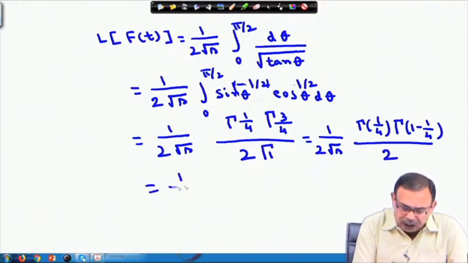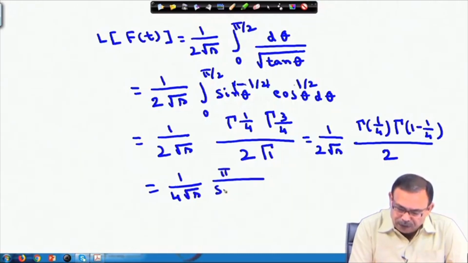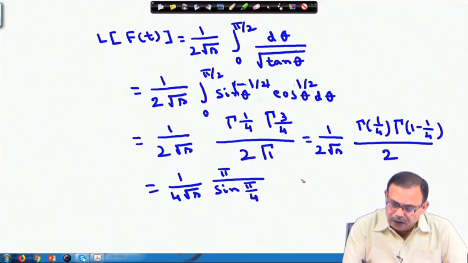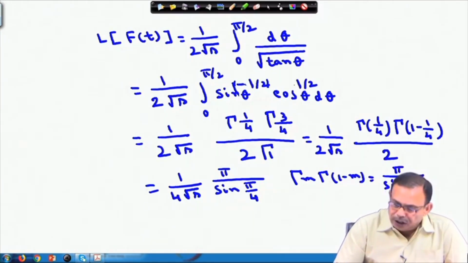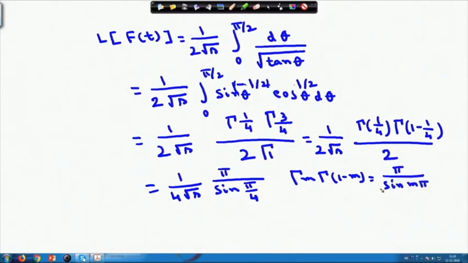This equals 1 by 4 root s into pi by sin pi by 4, because we know that gamma m into gamma 1 minus m is equal to pi by sin m pi, where m lies between 0 and 1. If I substitute the value of sin pi by 4, then I will obtain pi by 2 into root over 2s.